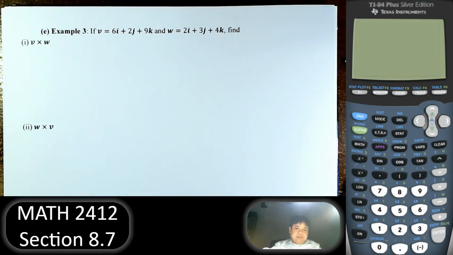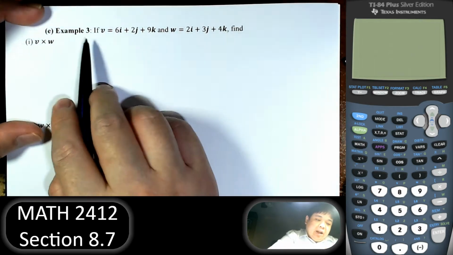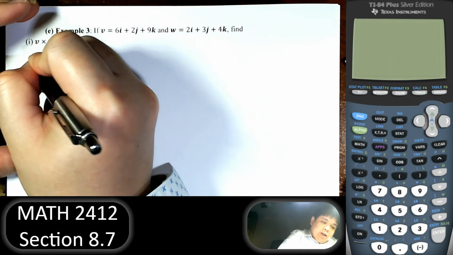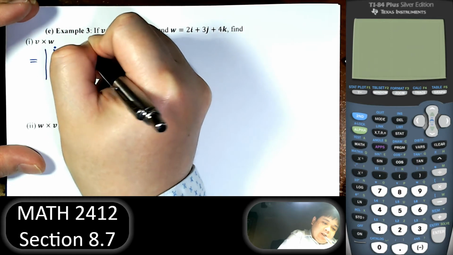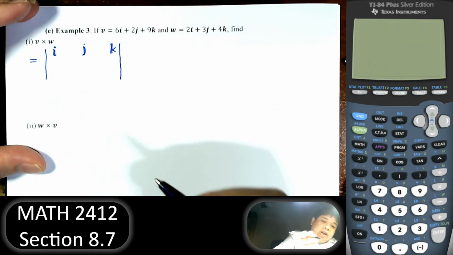Right. Let's do more examples. V cross W. The first row is always the vectors IJK.